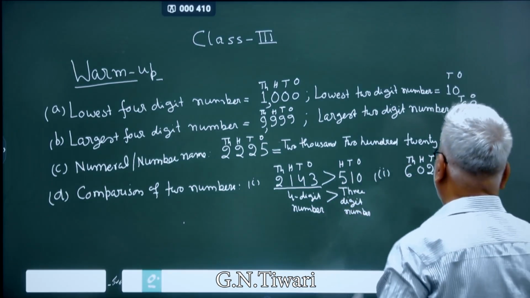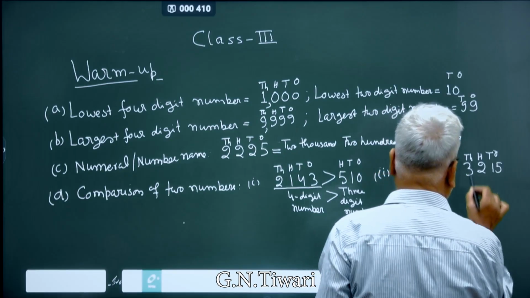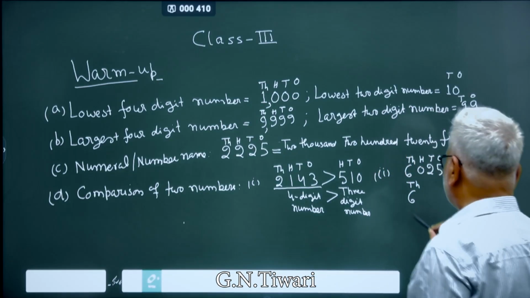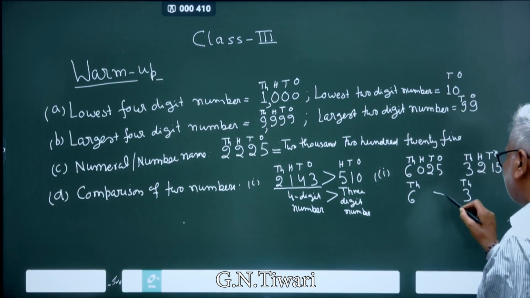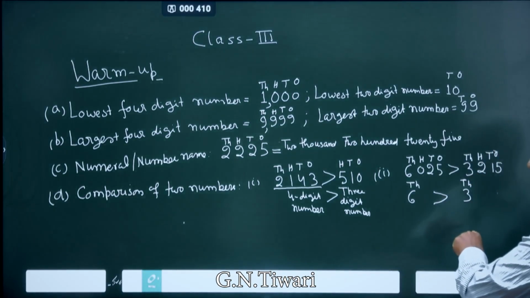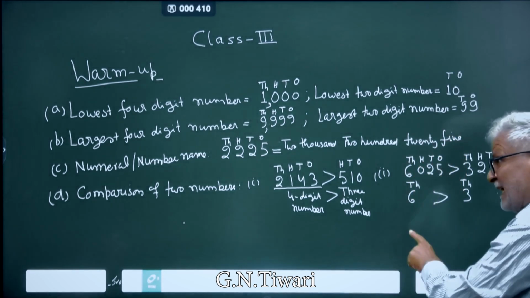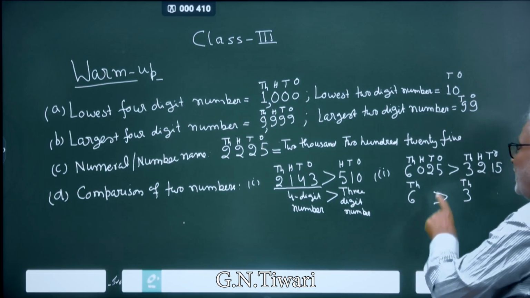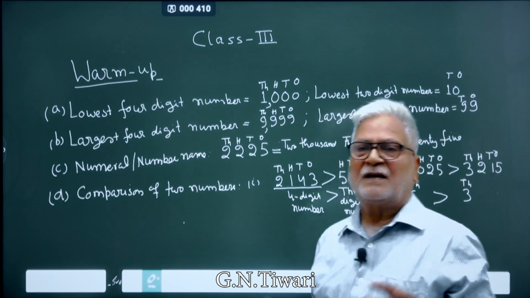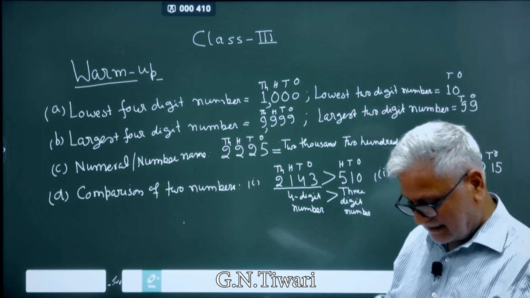Here the 4th digit is 6 TH. Here the 4th digit is 3 TH. Since in 1000s 6 is greater than 3, hence it becomes greater. Suppose it is the same, then go to the 3rd digit comparison. If again the same, go to the 2nd digit. Again the same, go to the 1st digit. That is how you can compare two 4-digit numbers.